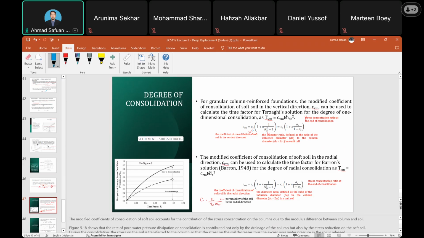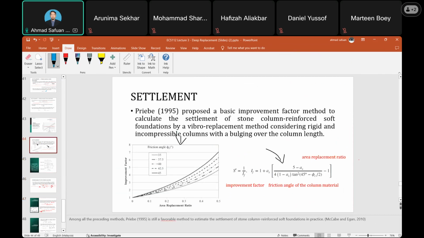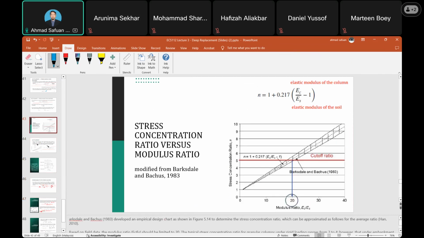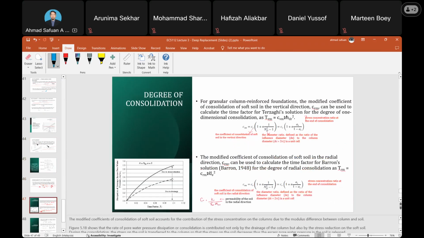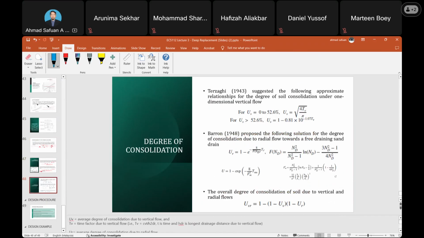Means that ND is the DE over DC. Or we can use another equation, which is CR times 1 plus N AS over 1 minus AS. So N is determined from this equation. So that is for the CVM, CRM.